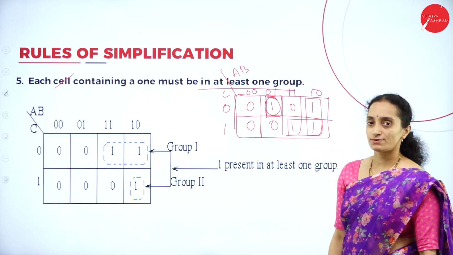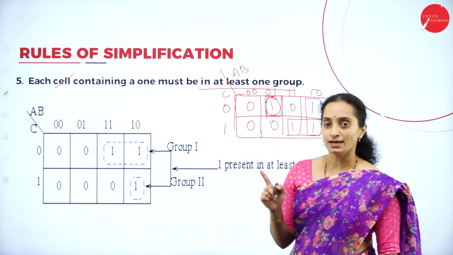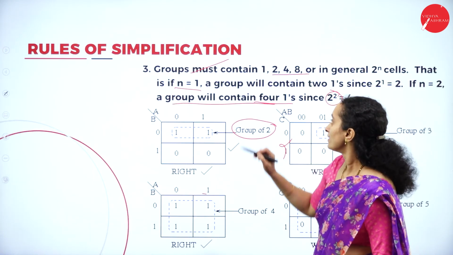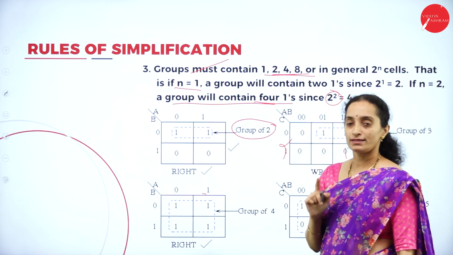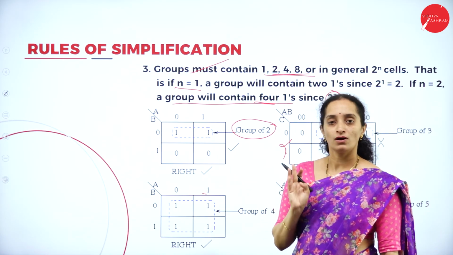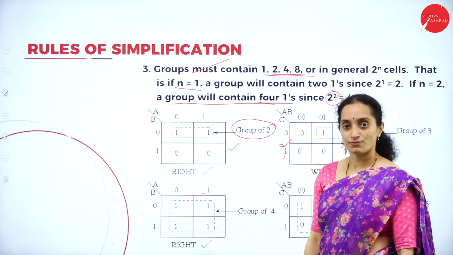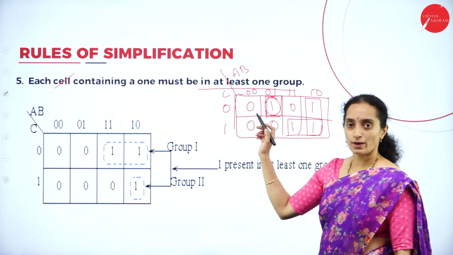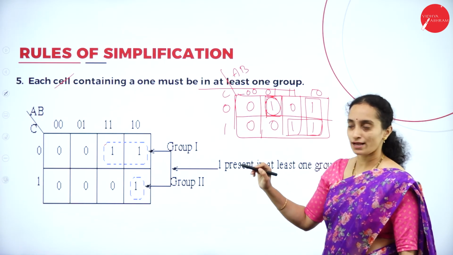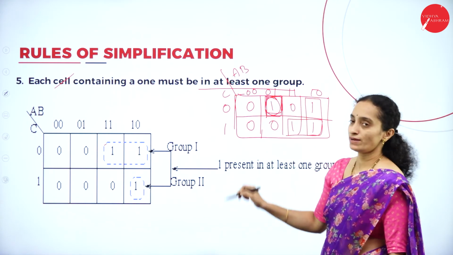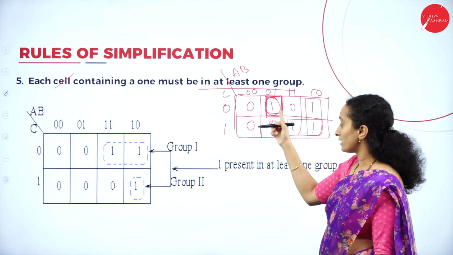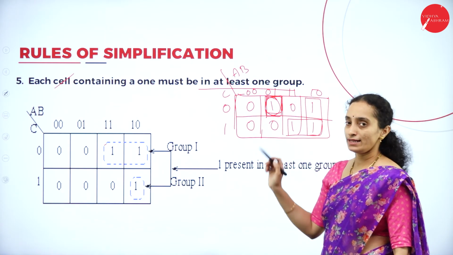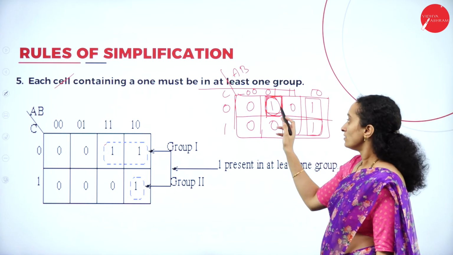make it a group by itself, because as I said, the third rule suggests that a group can contain either 1 or 2 or 4 or 8 ones. So if none of the ones is there to make a group with this, you can make a group of a single 1. But you cannot leave this 1 out, because there is no adjacent 1 in this expression.